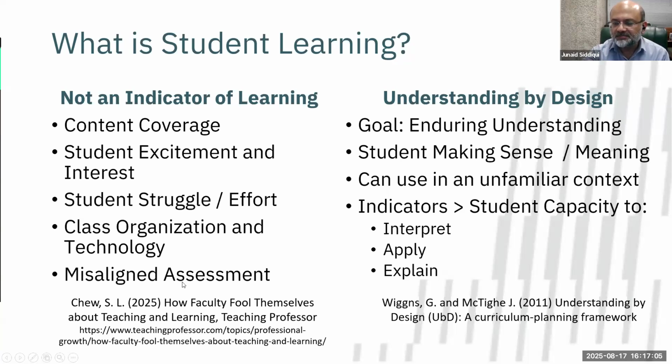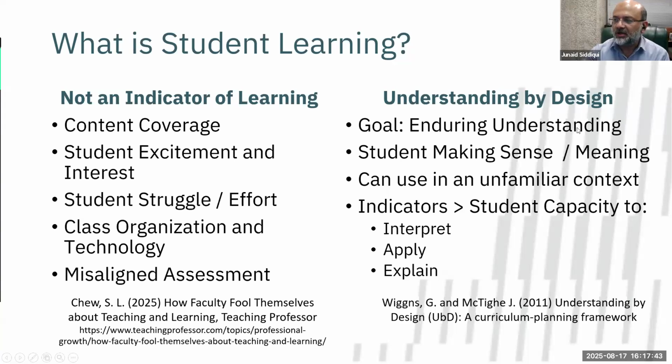And misaligned assessment is this idea that you can run an assessment and students may perform very well, but because the assessment was not really assessing what it's supposed to assess, later on when students really need to perform, you see that they are not able to. So all of these things we frequently experience in our education, but they are not necessarily the best indicators for learning. The other side talks about, when we are talking about learning, enduring understanding.